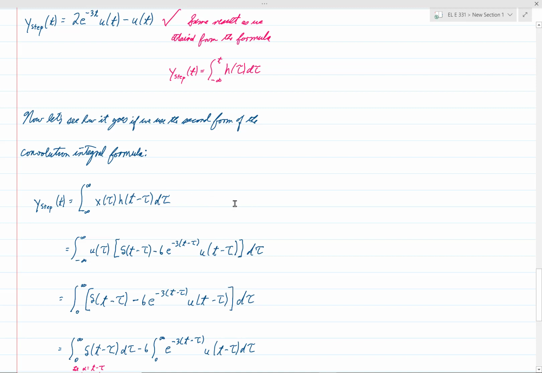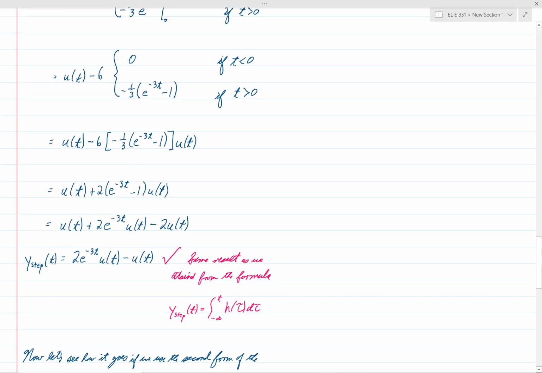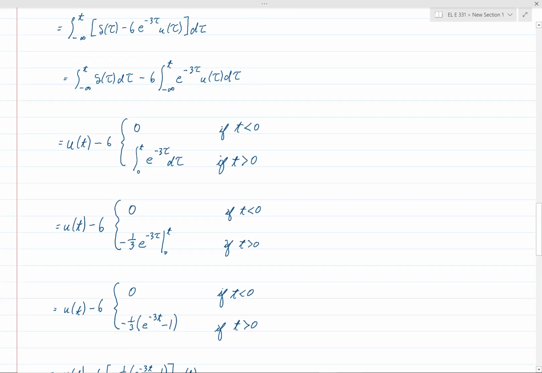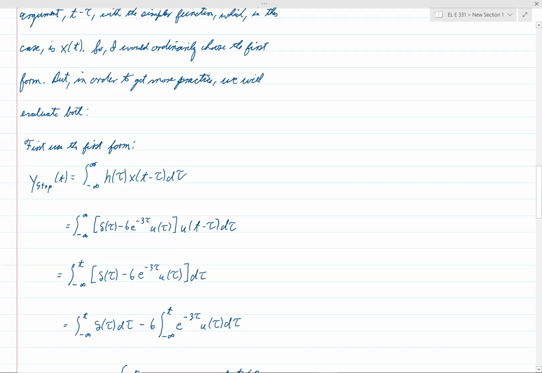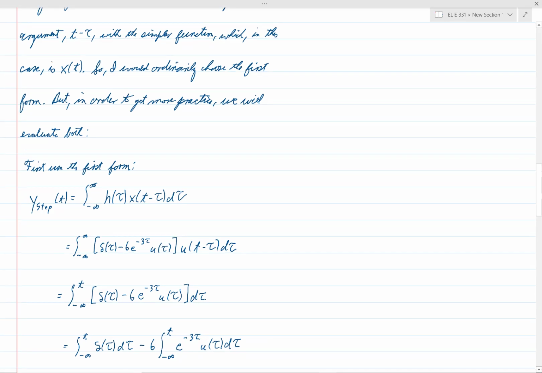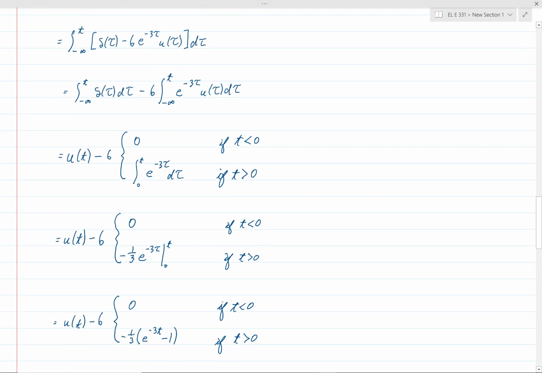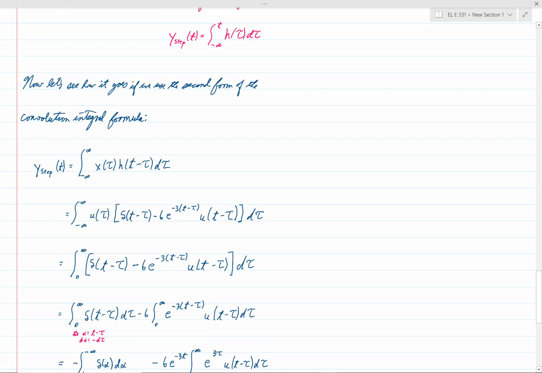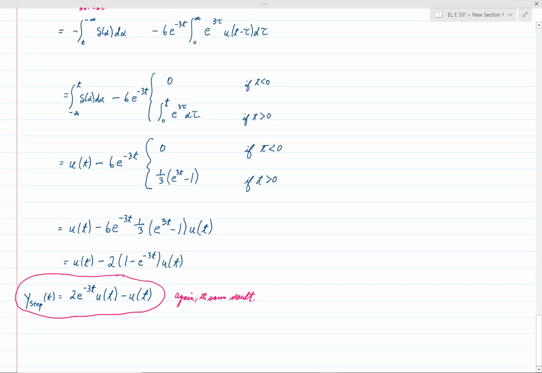I personally think it's easier when you associate the more complicated argument, t minus tau, with the simpler function. So if h is simpler, this would be the form I would choose. But since x was actually the simpler function in this case, I think that this is a little bit easier to evaluate.